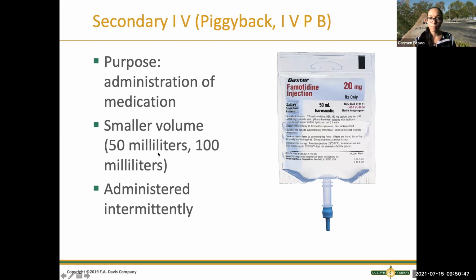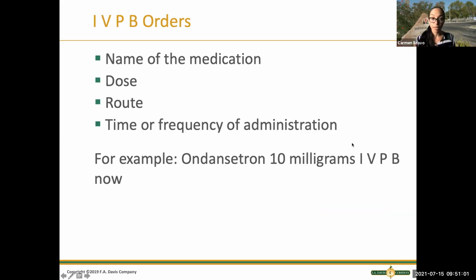We have some, the one that has the most is probably Vancomycin, which is a very strong antibiotic, and they dilute it a lot. And normally those bags come in like 250 mLs because it's a really strong antibiotic and it could burn the vein. So you might see that IVPB orders are written pretty much the same, but they will include the name of the medication, the dose, the route.